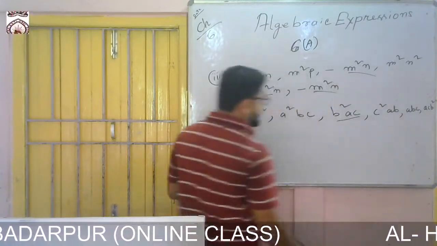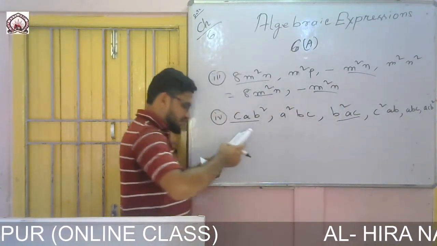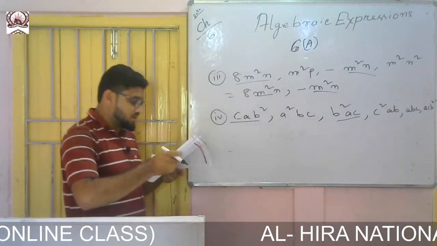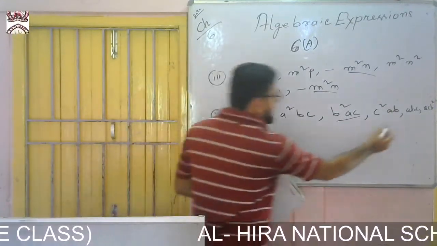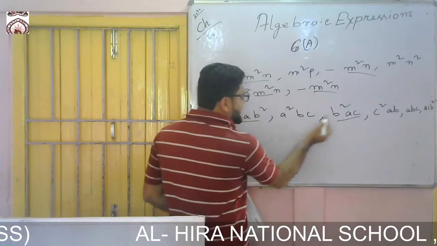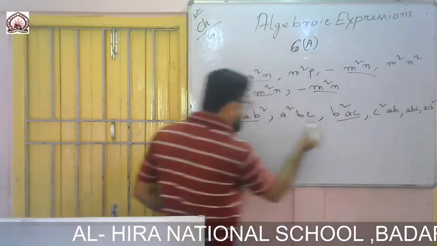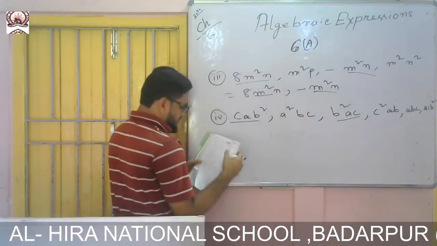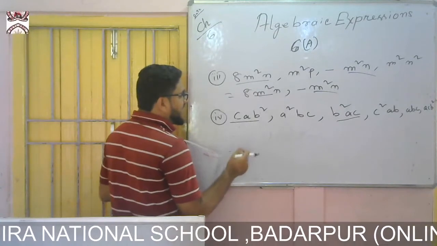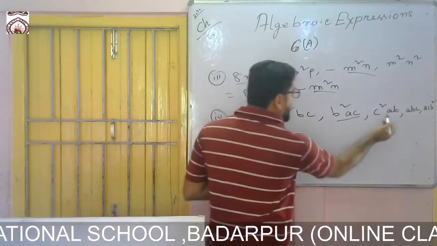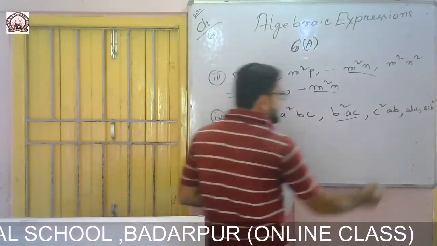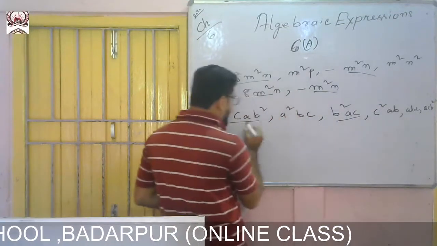There is no C square in the following, so this doesn't have any like term. Now you check ABC, is there any more ABC?